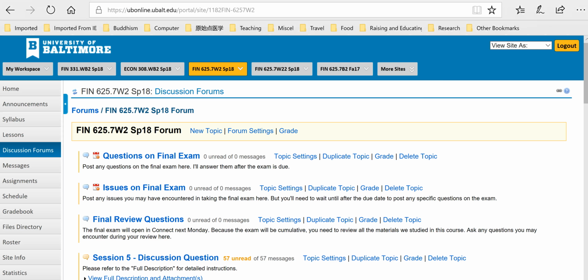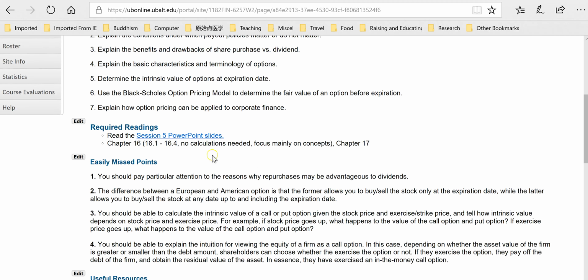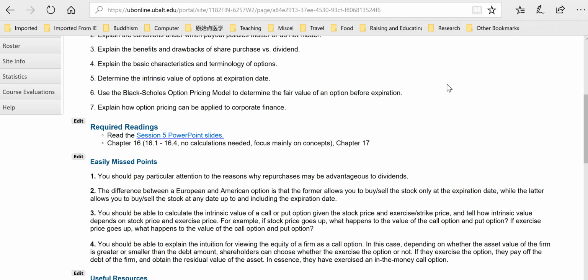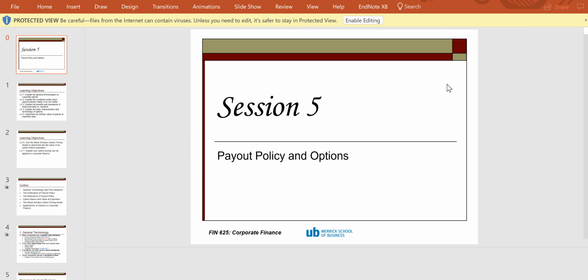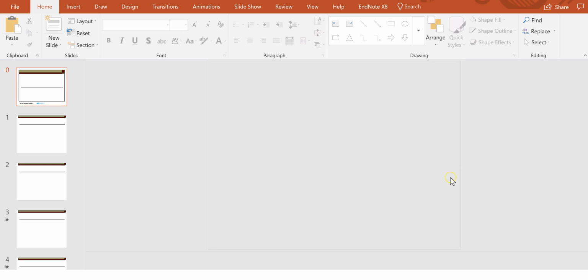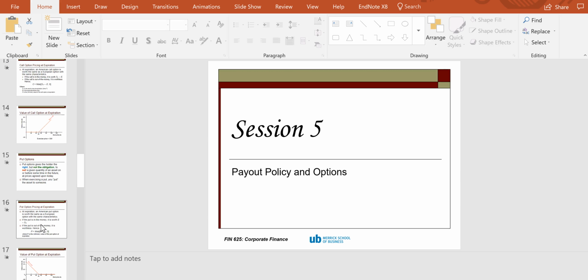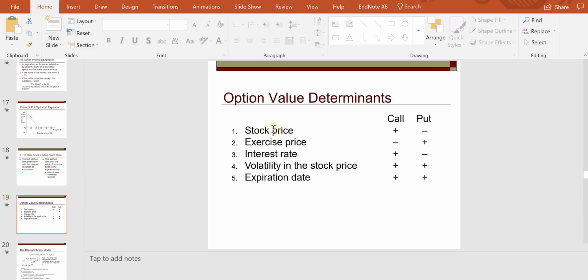If we pull out our lecture notes, session 5 PowerPoint lecture slides, we can see the Black-Scholes option pricing model includes five different inputs: stock price, exercise price, interest rate, volatility in the stock price, and expiration date.